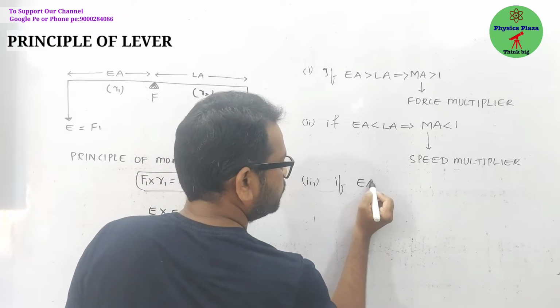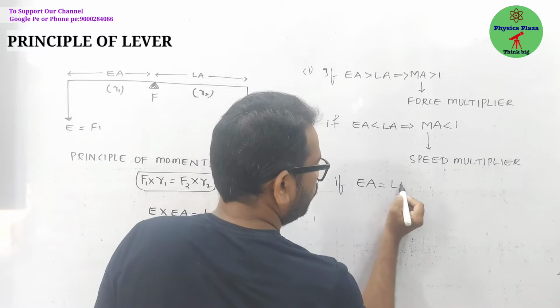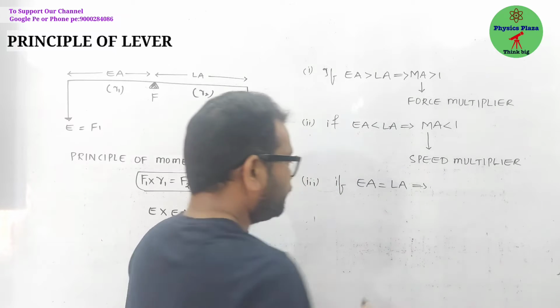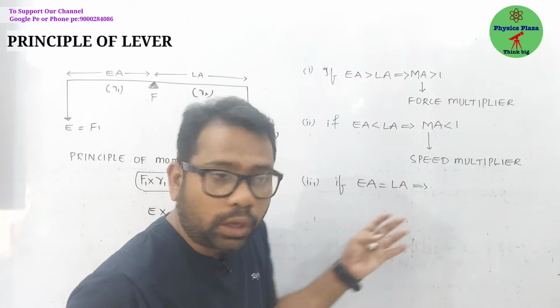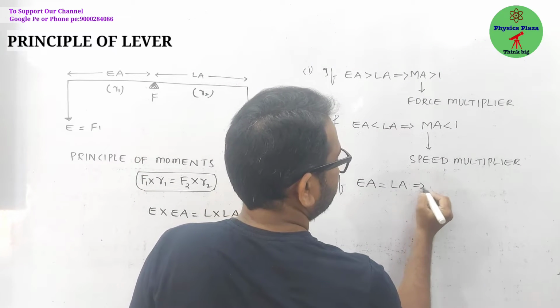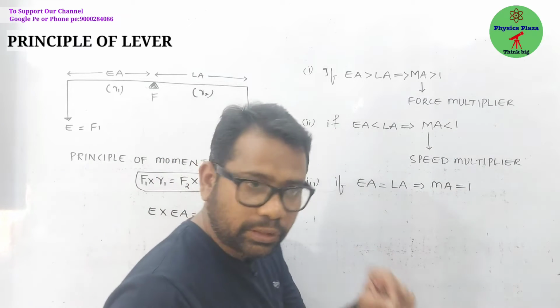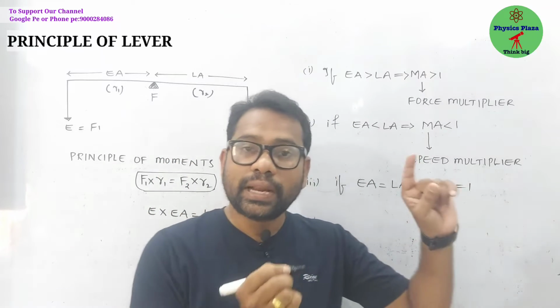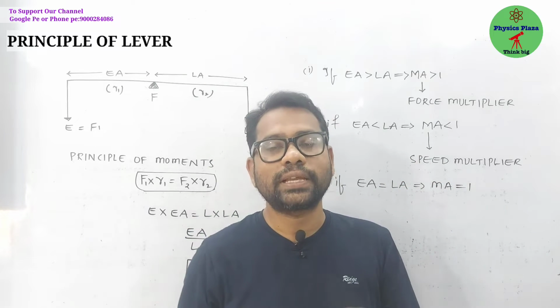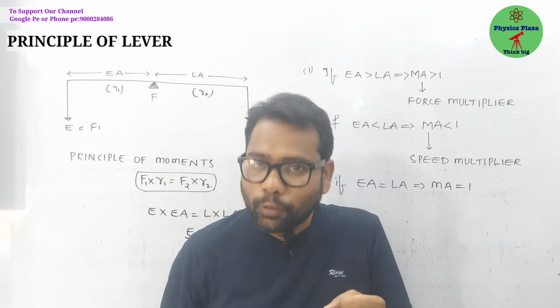And here it is also possible that effort arm is equal to the load arm. Children, what happens if the effort arm is equal to the load arm? Then here mechanical advantage is equal to 1. Children, a lever with a mechanical advantage of 1 neither acts like a force multiplier nor acts like a speed multiplier. Then what is the use?